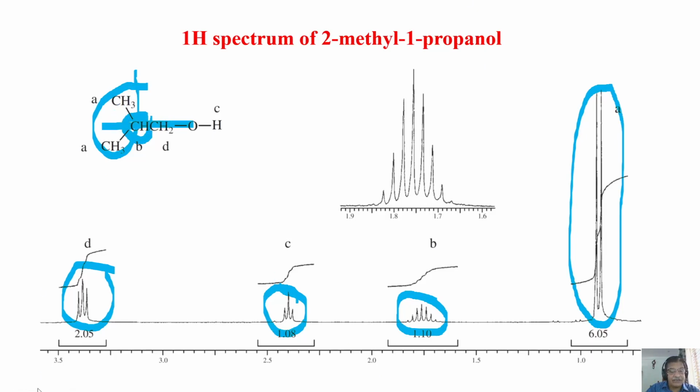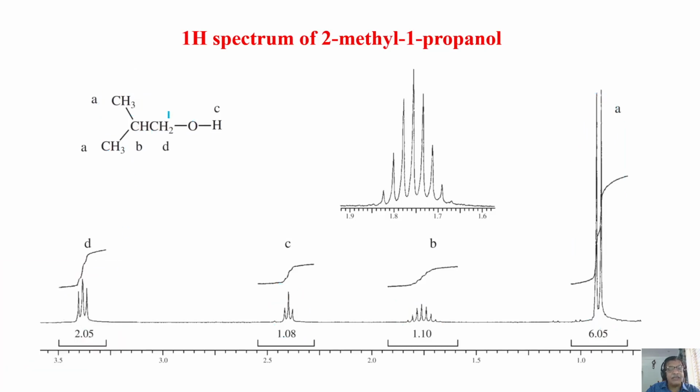CH splits this into a doublet, so it appears as a doublet. It has to couple. That's what is happening. You can see this CH is coupled to this and also this. Otherwise, it would have been simply a triplet. But in fact, it is a complex pattern. Here, you must assume it is coupled to this.